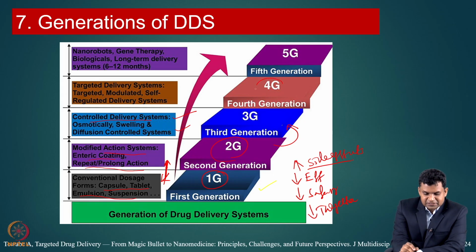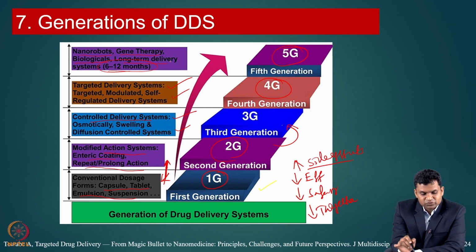And another one is the fourth generation: targeted delivery systems. Yes, we can target our formulation to a particular site by using various carriers, even nano formulations, and the efficacy can also be improved. And the last one is the fifth generation. Here we will see nano robots, gene therapy, biological systems, and long term delivery systems, that is 6 to 12 months.